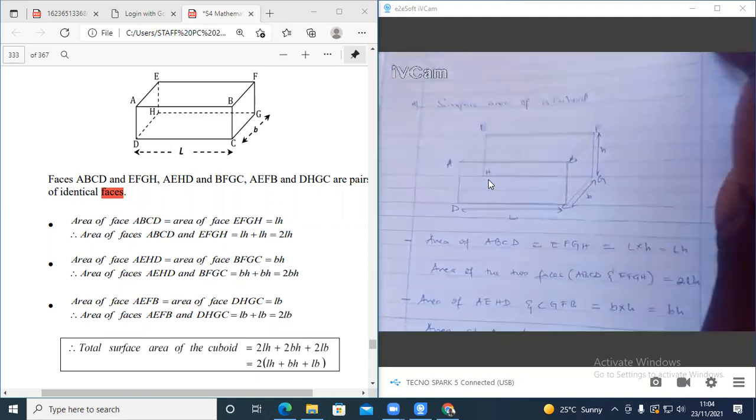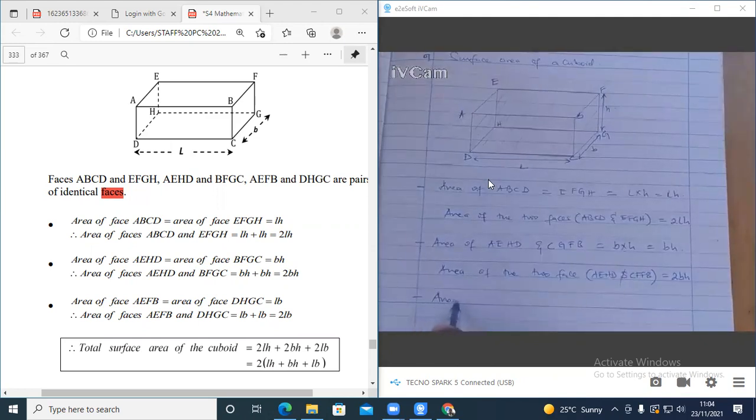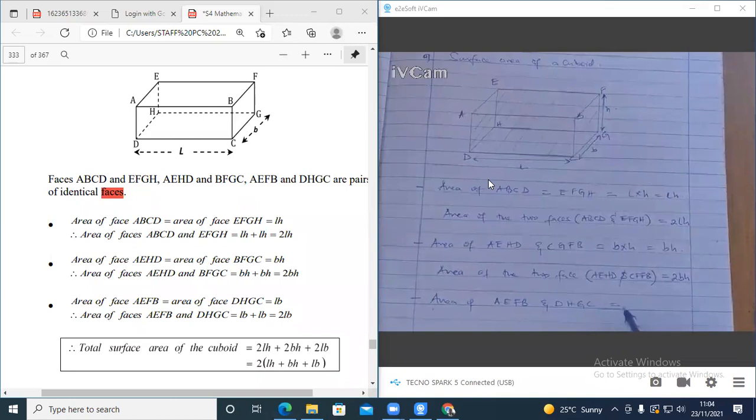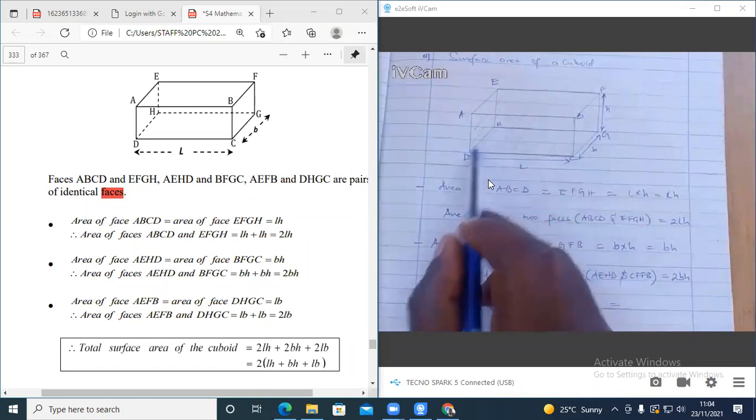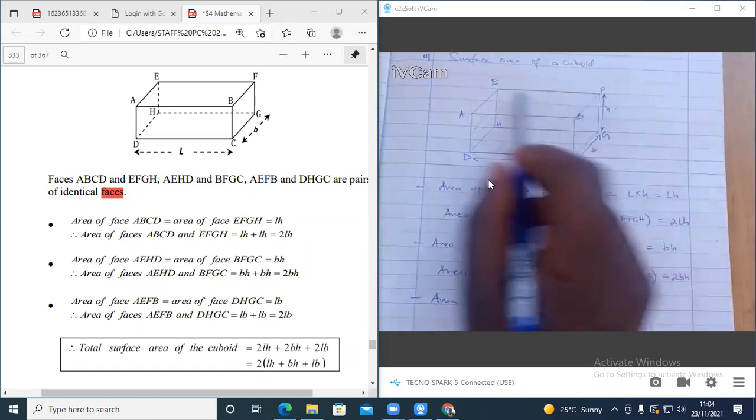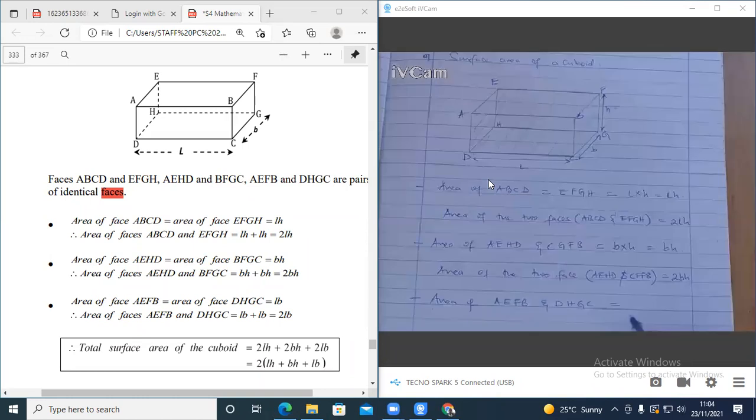Okay, so you're getting the areas, and then the area of this other one that is up, let's say AEFB and DHBC will be given by, what's that area? Given by this lower one and the upper one. It's given by B times what? L times B, which is LB.